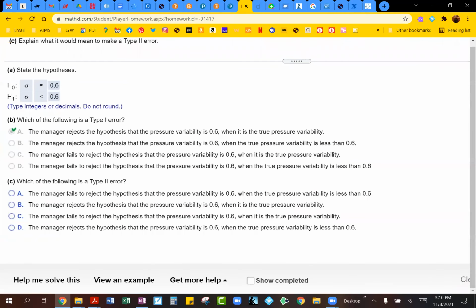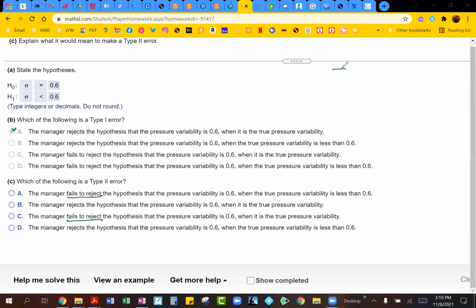So keeping that in mind, this is where the idea is we fail to reject the null hypothesis. So when we're talking about fail to reject, these would be the two options you are looking at. And then you have to see again how the remaining half of the statement is worded.